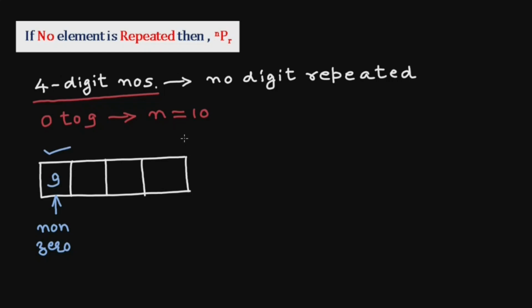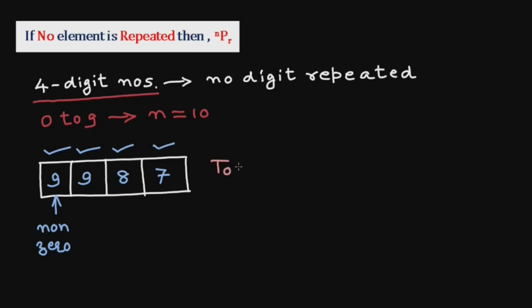Now we are left with 10 minus 1, that is 9 digits. Second place can be filled in 9 different ways. Now we have 10 minus 2, 8 digits. Third place can be filled in 8 different ways. Now we have 10 minus 3, 7 digits left. So this fourth place can be filled in 7 different ways.